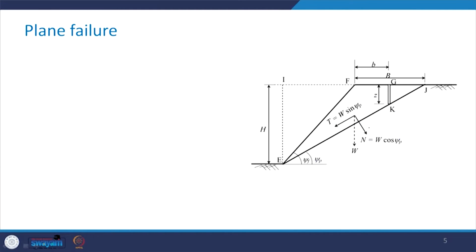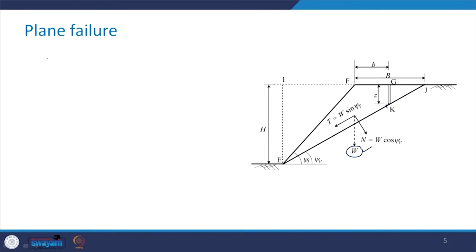Now, before we go ahead, we would need to find out the weight W. What is this weight W going to be? It is going to be the unit weight multiplied by the volume of the wedge that is sliding, and there is an assumption involved that we are taking a unit dimension in the direction perpendicular to the plane of the screen.